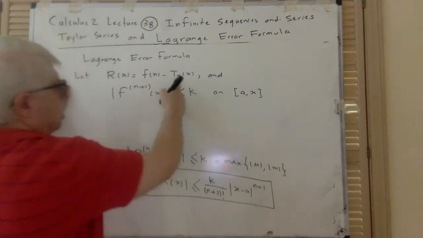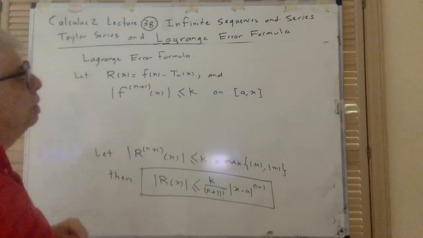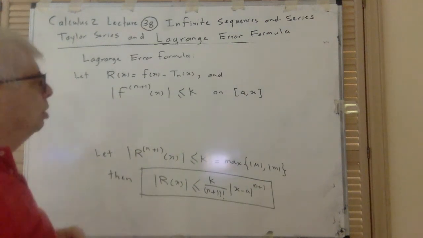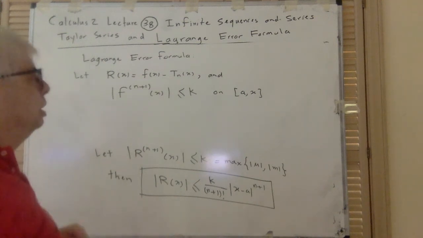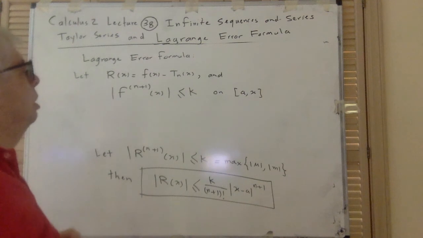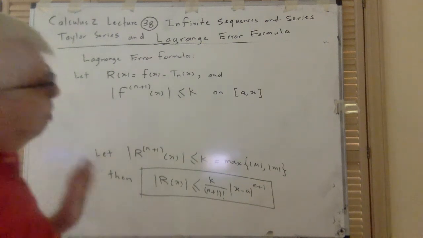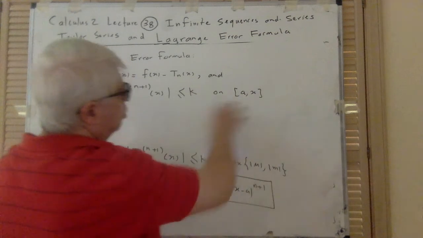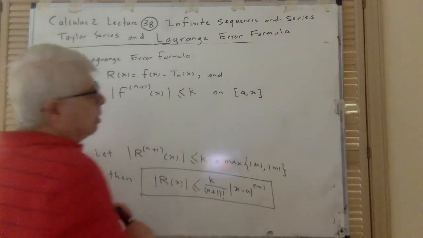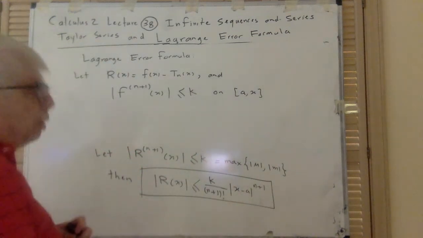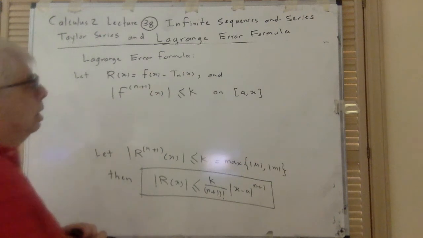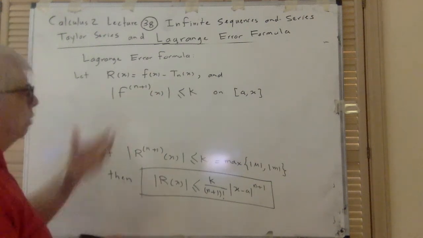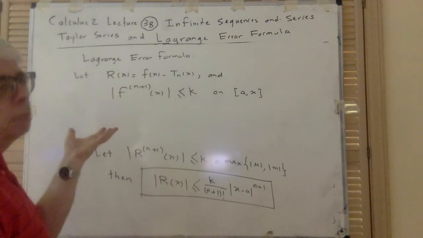So Tnx is, remember, I wrote it at the beginning, the nth degree Taylor polynomial for fx about a. So about a, I go forward to point x, and I have a closed interval. Over this closed interval, this nice continuous function, the n plus first derivative, has a bound. In fact, if this is continuous, its absolute value is also continuous.